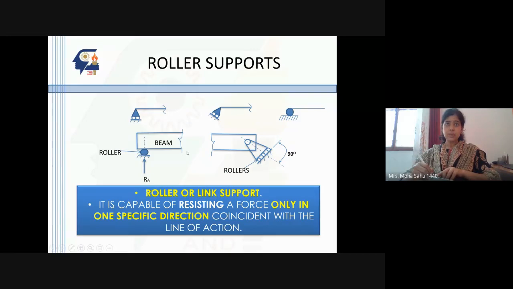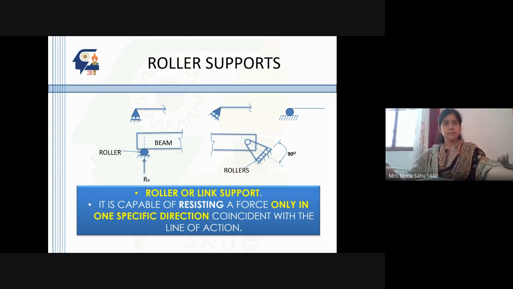So, if you want to denote this, how many reaction forces will be there? Only one reaction force will be there, at the support. That is only the vertical force.